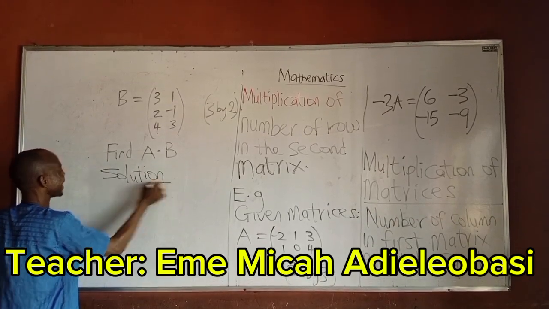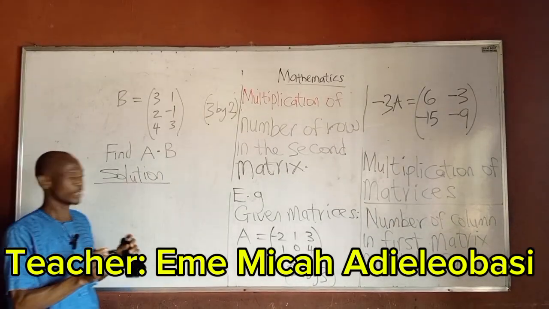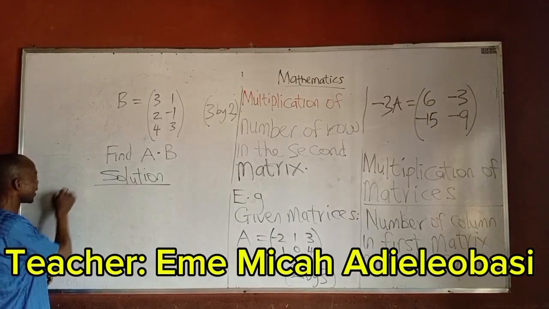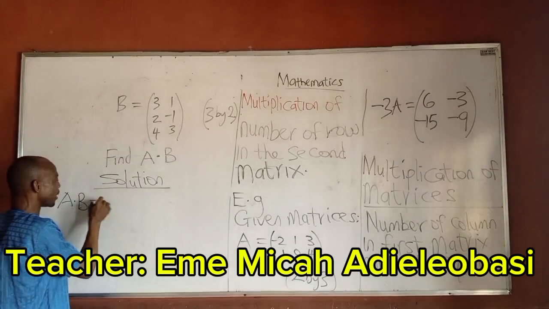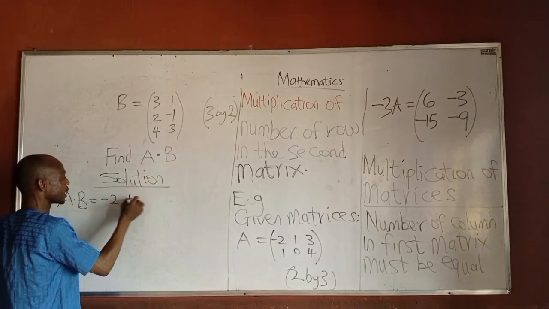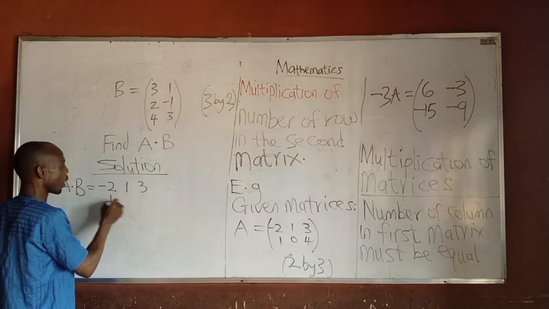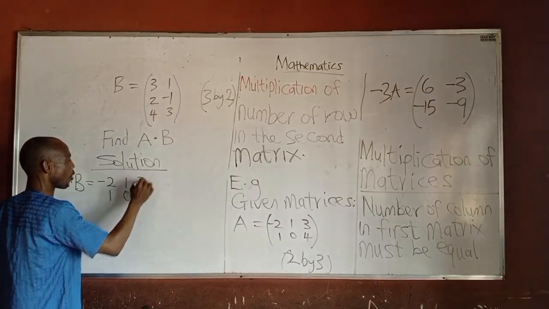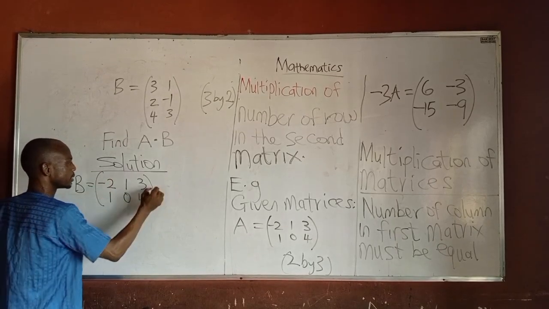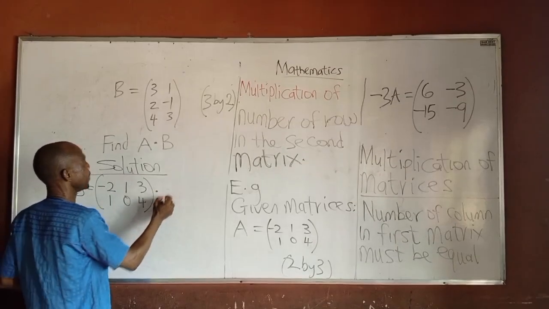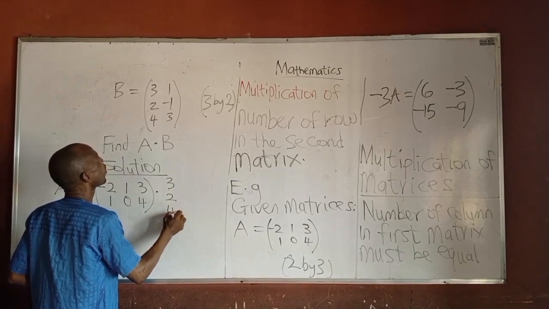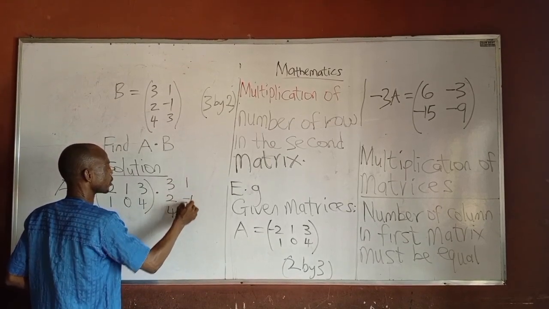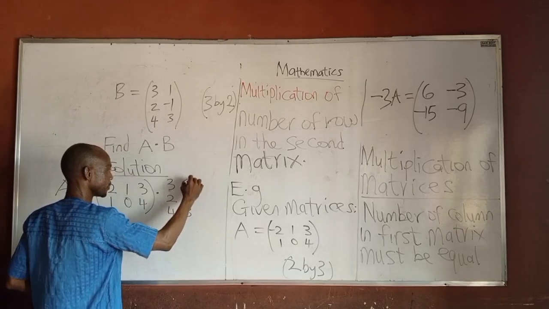We must pay attention carefully to this. Our A times B, we have minus 2, 1, 3, 1, 0, 4 times our B, 3, 2, 4, 1, minus 1, 3.